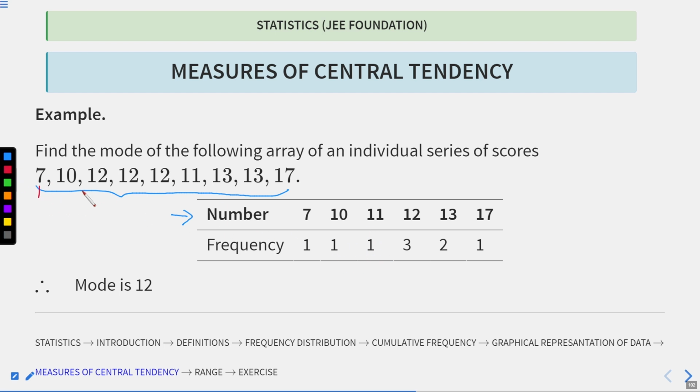So you see 1, 1 and 1. The 12 appears 3 times, and 13 appears 2 times. So this is my maximum frequency, which means my mode is 12. I hope from this example you understood what we mean by the mode of our data.